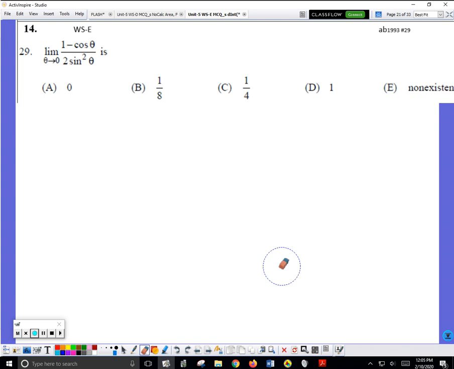When we try that, here's what happens. I plug in close to 0. What is the cosine of a number close to 0? Close to 1. So the top becomes 1 subtract close to 1, or close to 0. Plug in 0 here, the sine of 0 is 0, so that number squared is close to 0.